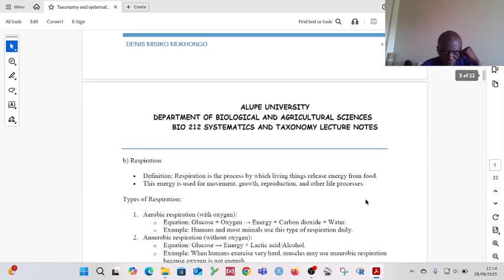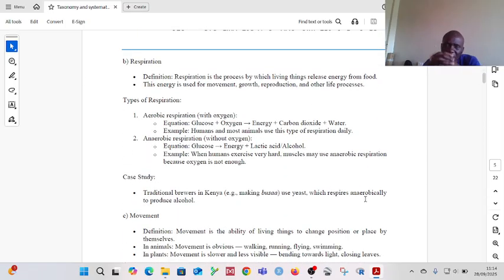So the second characteristic of living things is respiration. Respiration refers to the process by which living things release energy from the food they have obtained through nutrition.